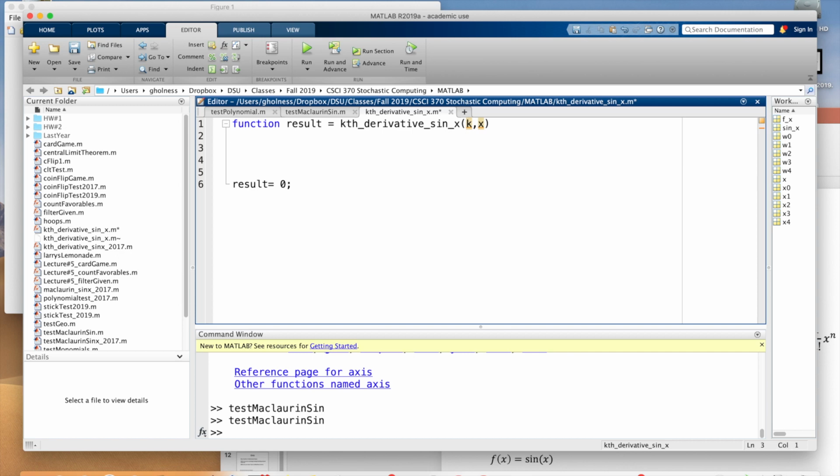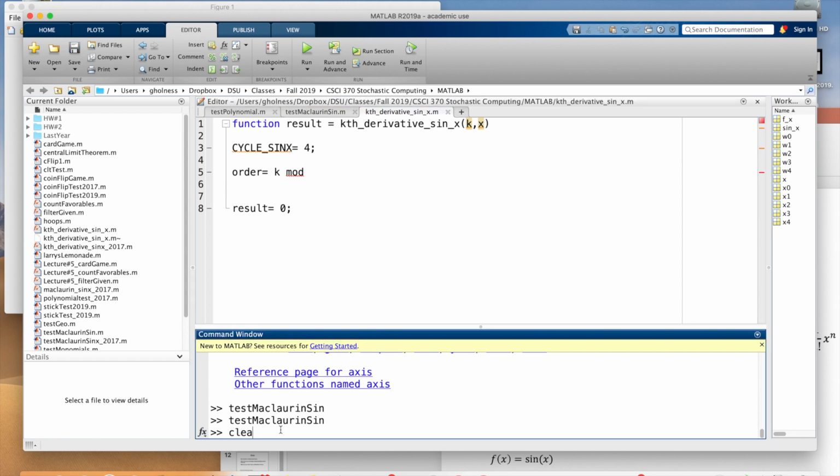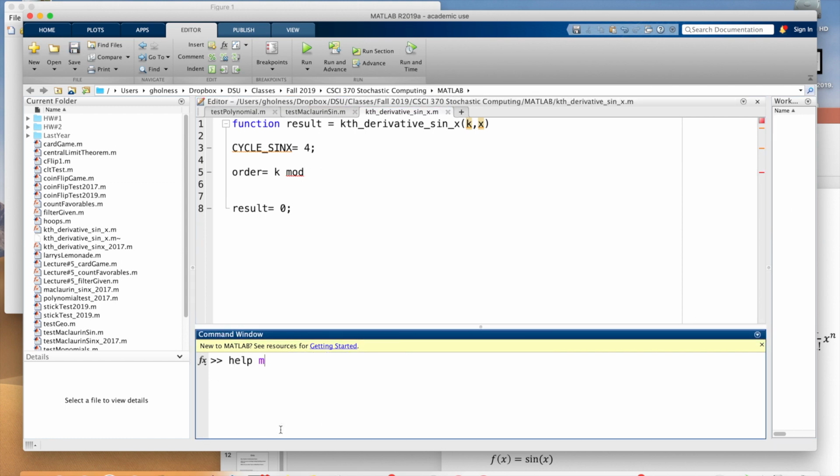So we're going to start out and say order equals k mod, well, let's have a variable, cycle of sine x is equal to 4. So we take k and do modulo. Let me make sure I remember how to do that. Clear, clc, help mod.